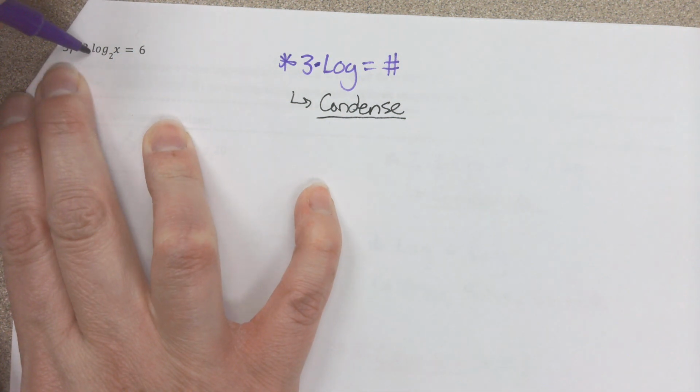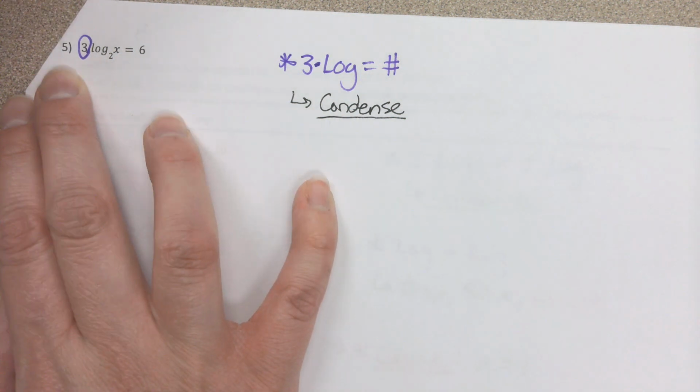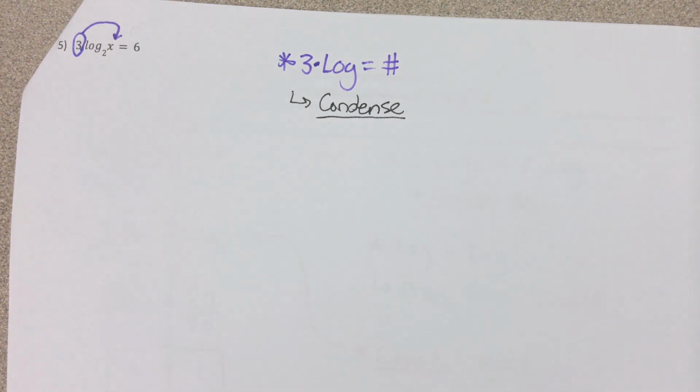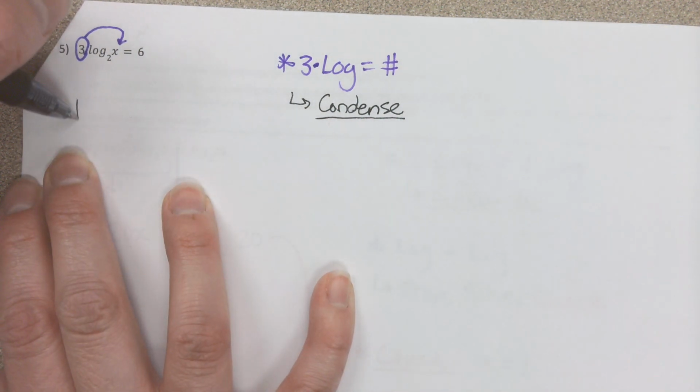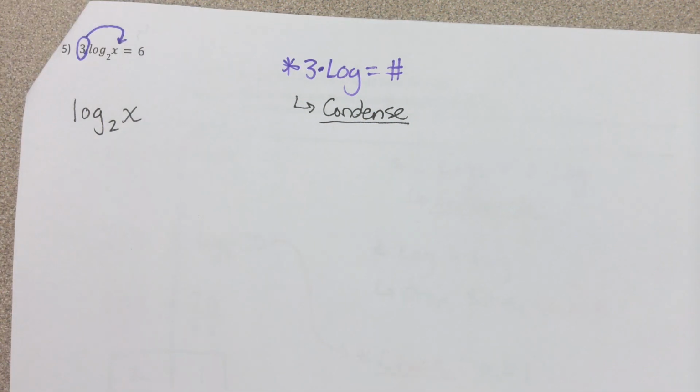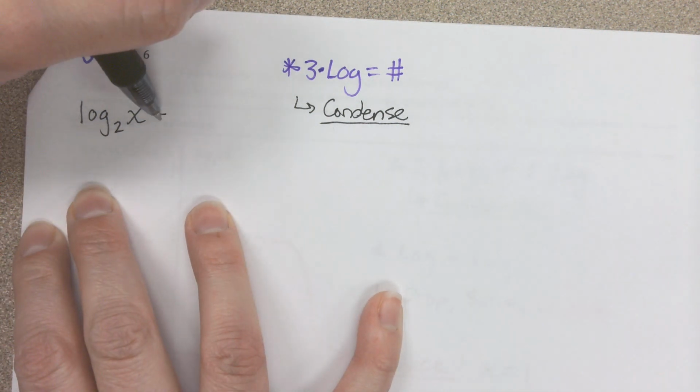When there's a number in front of the log, we are aware that it just moves to the end of the log and becomes an exponent. So we have log base 2 of x cubed equals 6.